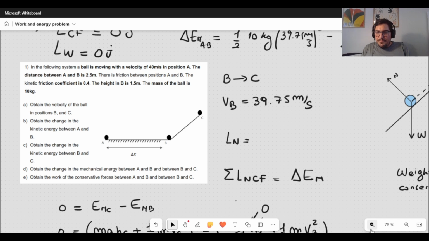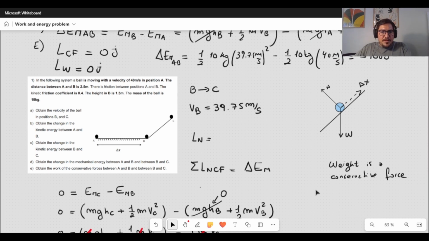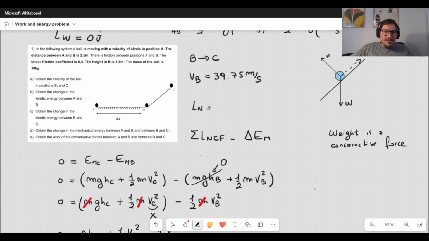Okay, now, what happens between B and C? Remember that this is the problem we want to answer. So the ball had in A 40 meters per second.